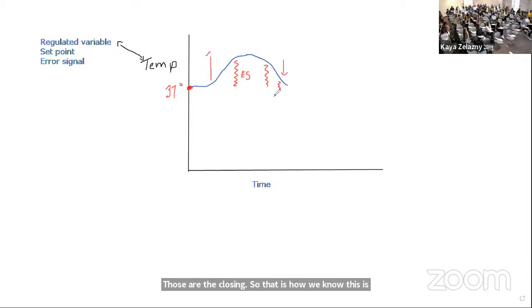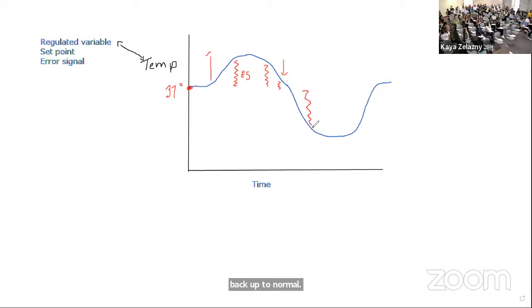I'm going to go ahead and draw the opposite direction as well, just to emphasize that point. So let's say we overshoot. We bring our body temperature way too low and eventually want to bring it back up to normal. We would also be producing an error signal here. And so it's best to think of these in absolute values when you're thinking about error signals and negative feedback.